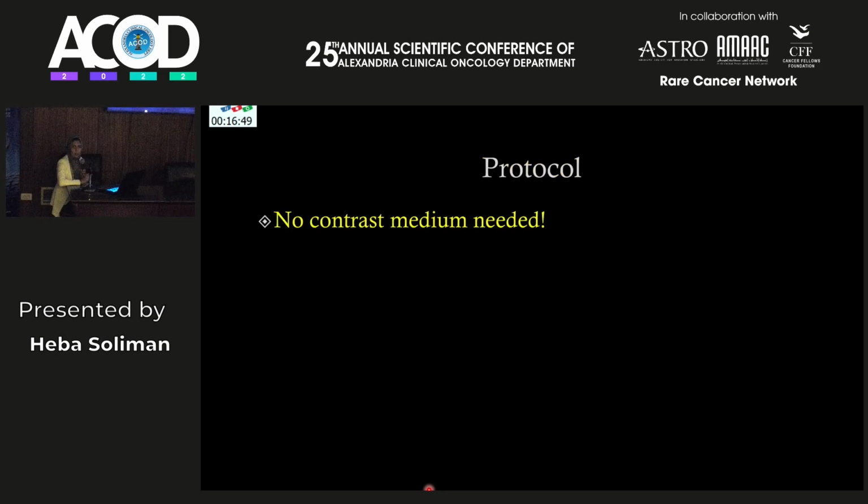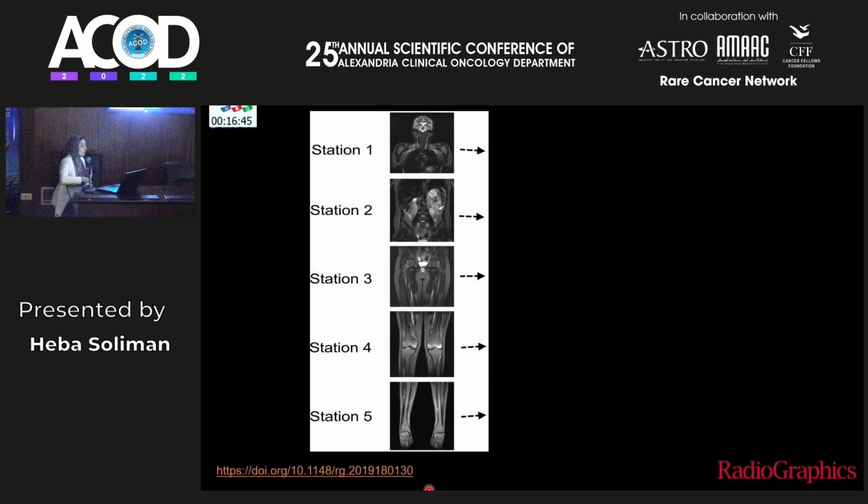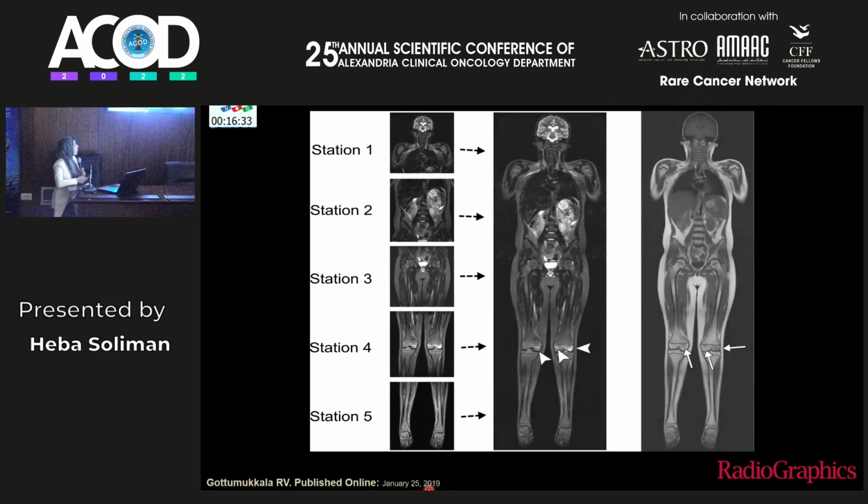In whole body MRI, we don't give contrast medium. What we do is divide the body into different stations and image each separately. Then on a workstation, we compose the stations to give a seamless coronal image.